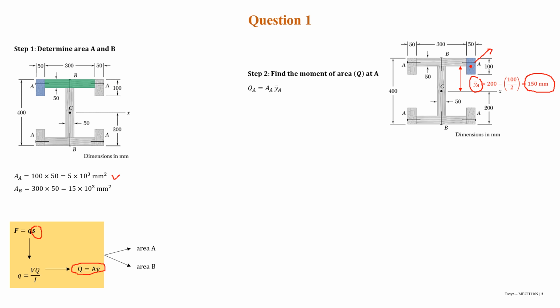So we have found the Y, we have known the A, so we just need to put everything in. Basically, 5 times 10 to the power of 3 multiplied by 150 will result in 750 times 10 to the power of 3 millimeter cubed.